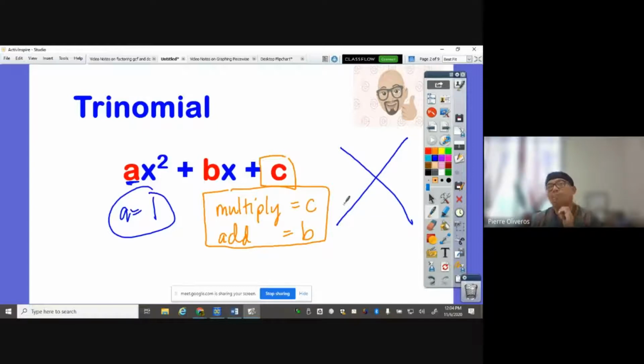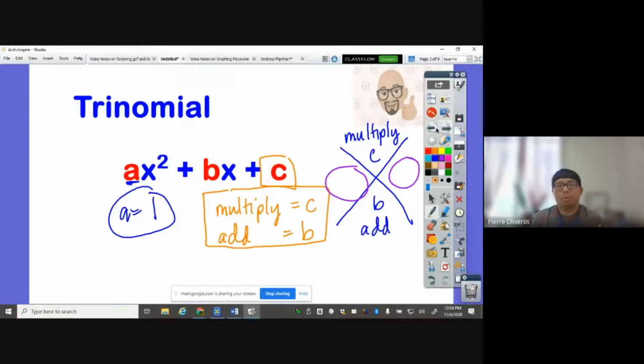You can start this one in the beginning if you do not know how to do this, okay? So this is where you're gonna write the product, when you multiply, C, and then when you add them, it's going to be B. And the two numbers will be written over here. That's basically your work, okay? Again, there are multiple ways of doing this one. I'm just going to show you one way, okay?